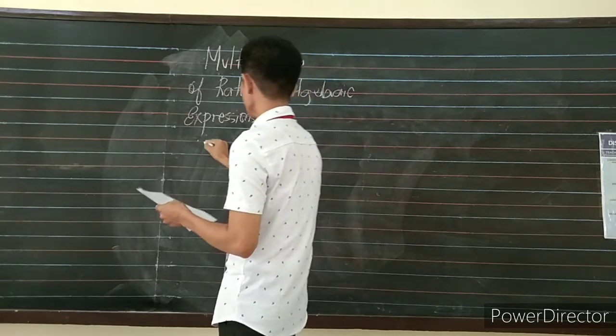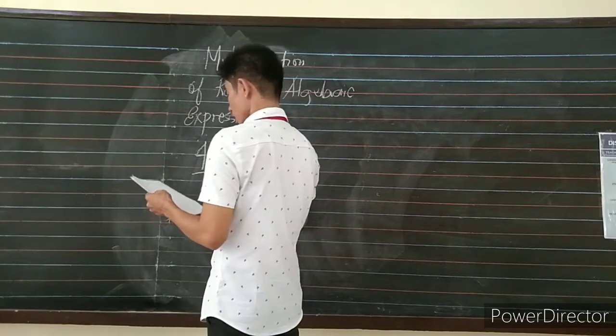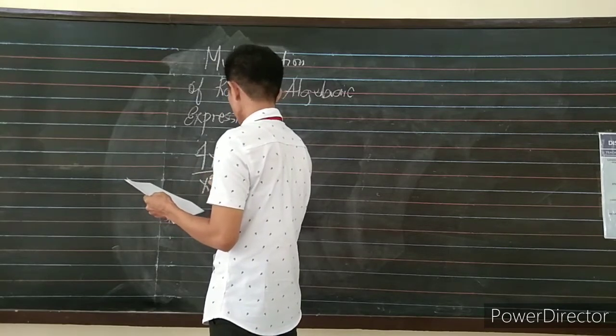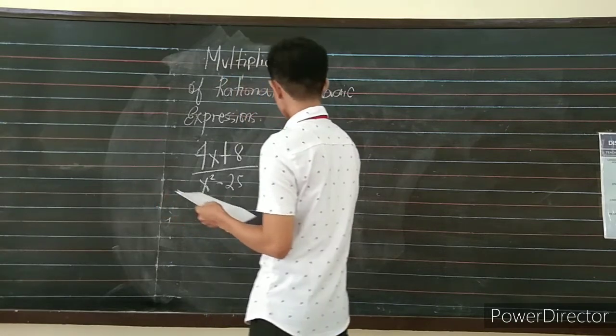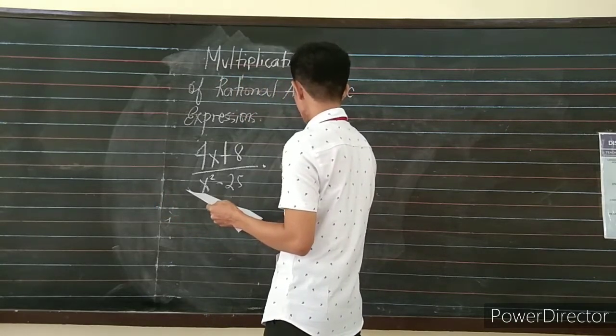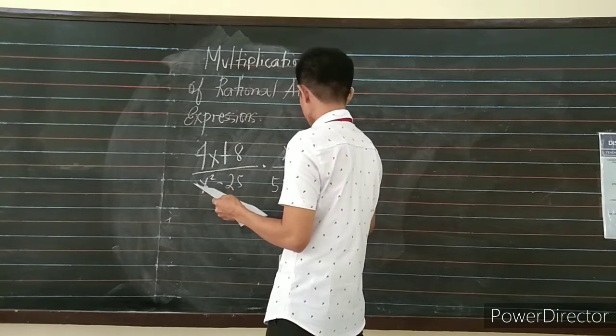Our next example is 4x plus 8 over x squared minus 25 times x minus 5 over 5x plus 10.